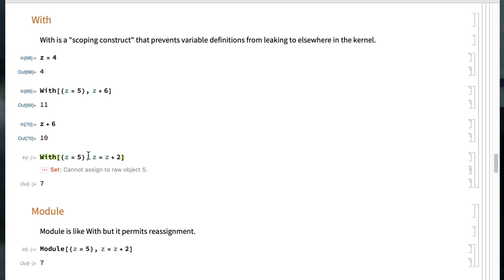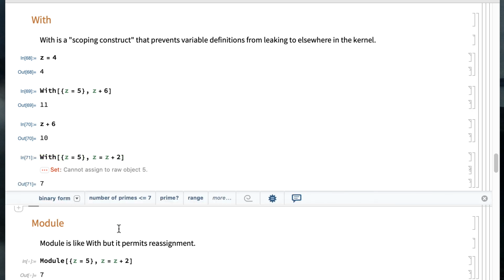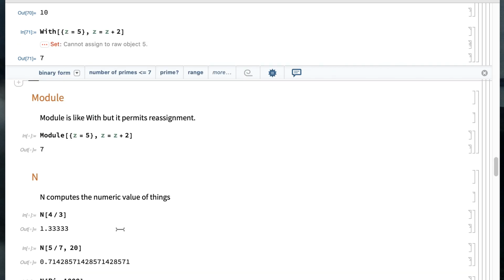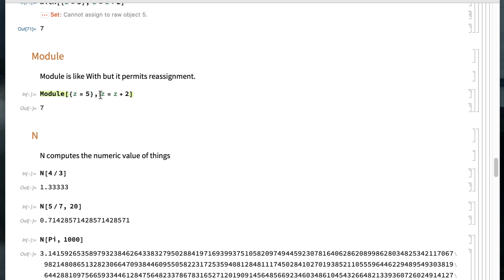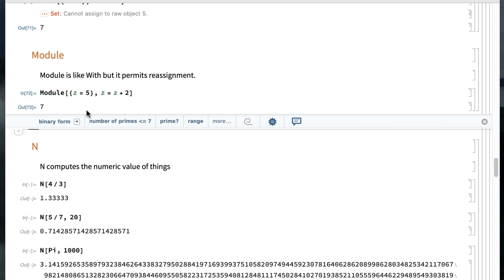Can't do that. I'm never going to let 7 be 5. Module. Module is essentially like With, but it permits exactly the sort of reassignment that With forbids. So here, this is saying, before you plug in for 5 yet, wait. And now take 7 and reassign that to z. That's Module.